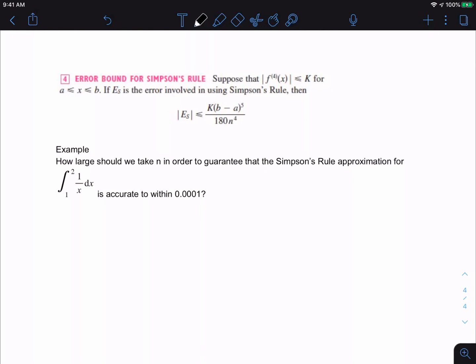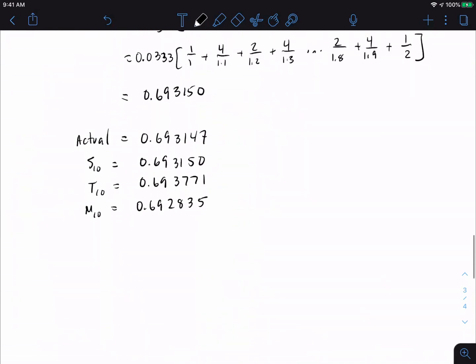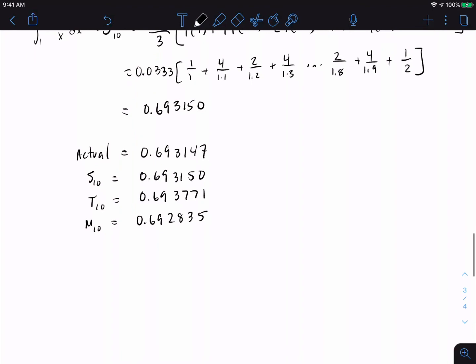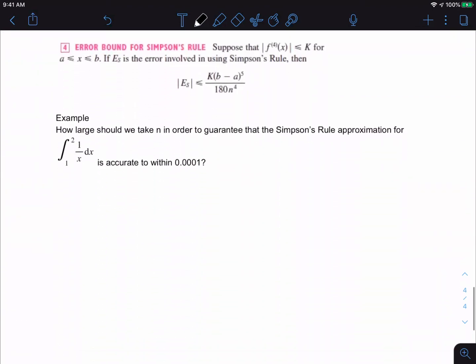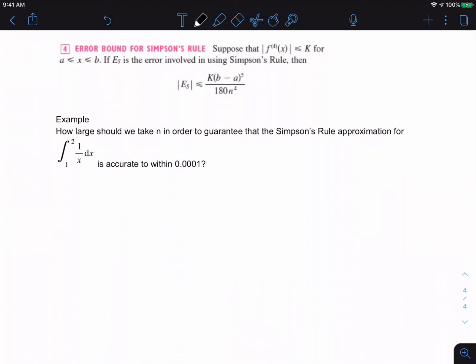Oh, one thing I wanted to go back to. No, I'll show it to you here. I'm going to get to the n number in this example, which is the big deal. So in this, we're going to find what the error is to have the same accuracy as the others.